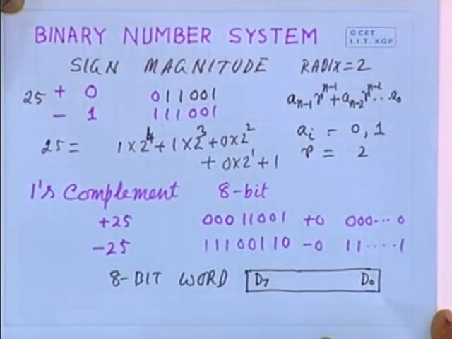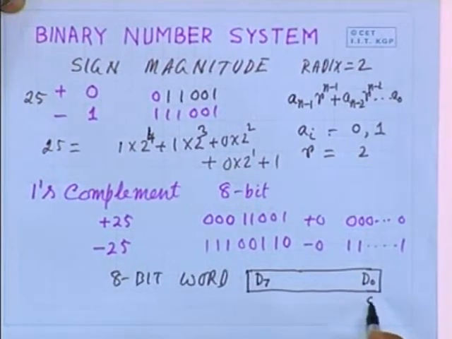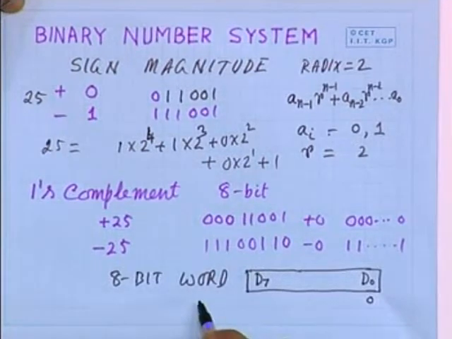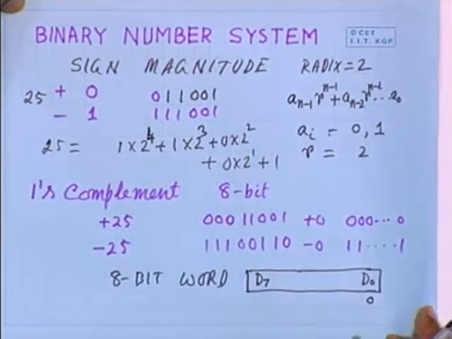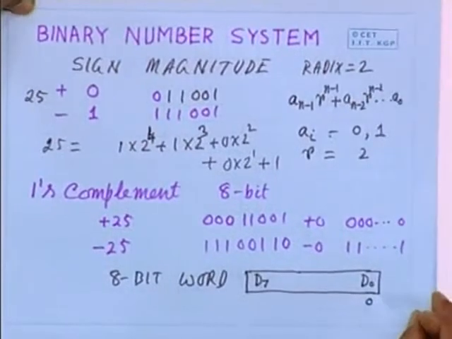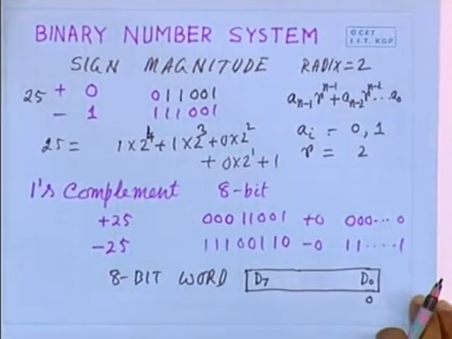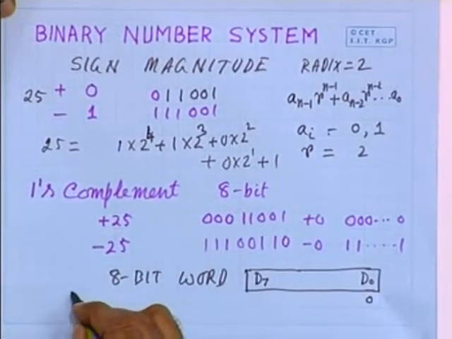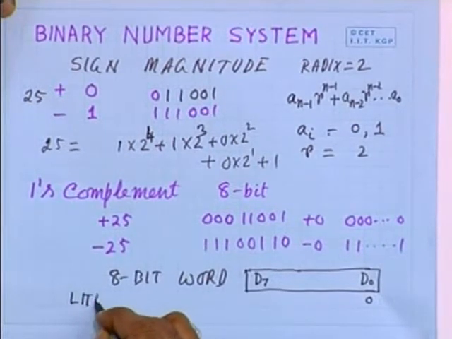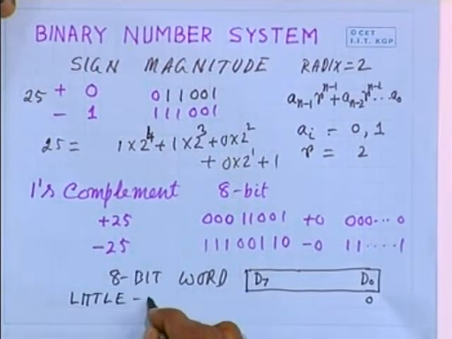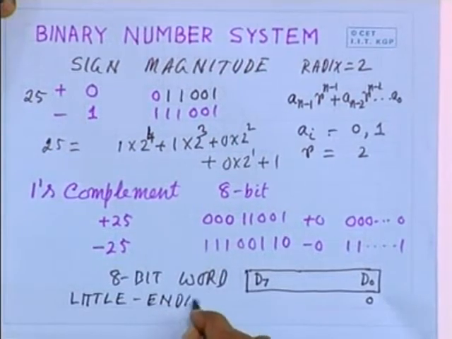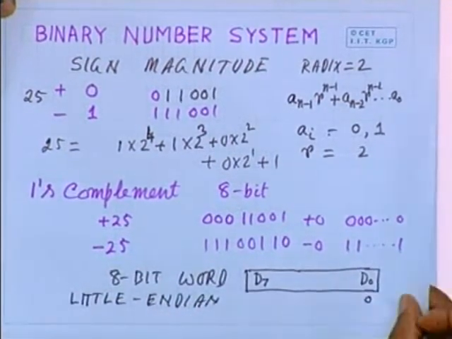If the processor is 16-bit, then D0 will be the least significant bit, the 0th bit, and the most significant bit, the 15th bit, will be the sign bit. This is how it is represented inside the microprocessor, and it is known as the little endian convention.